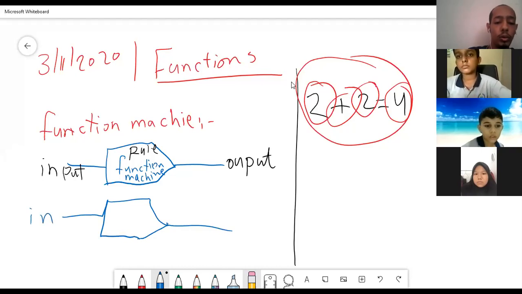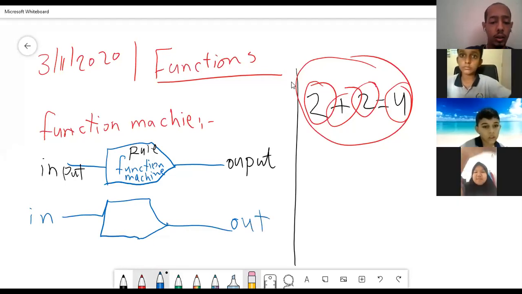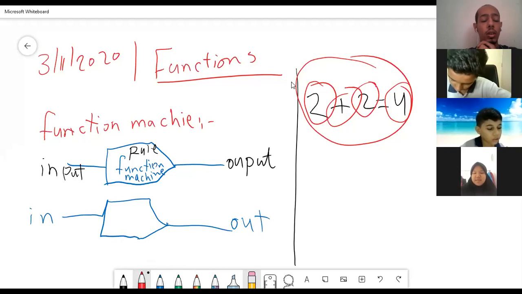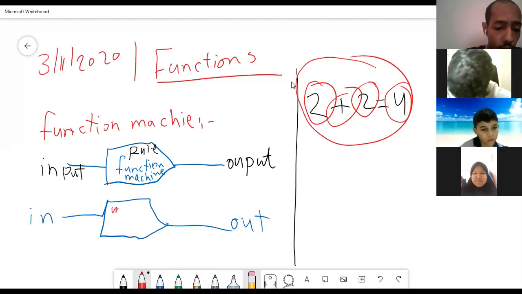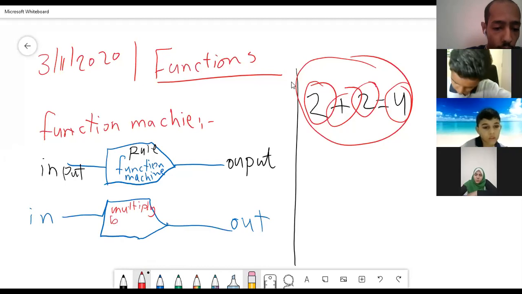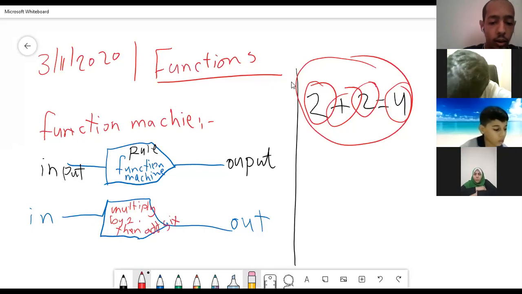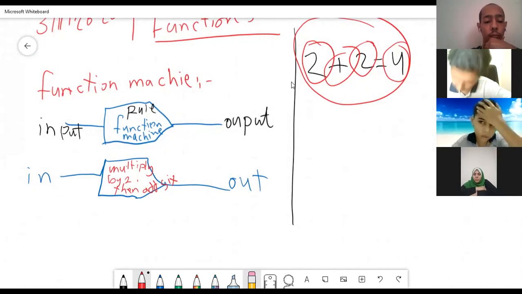Here is input, here is output, and in the rule inside the function machine, for example, let's say we multiply by 2 and then add 6. Okay, so what is our rule in this case?